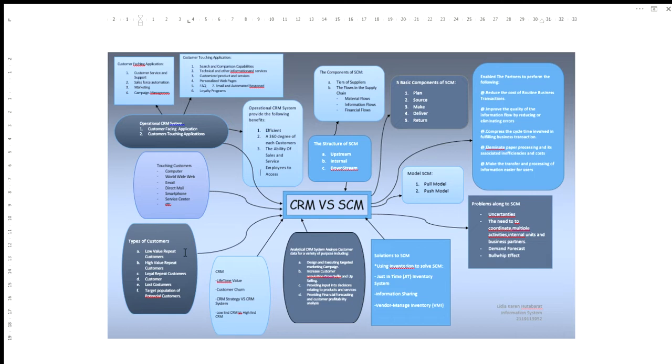Above it, there are high-value repeat customers, which means customers who came for the first time and then place orders repeatedly. On top of that, there are loyal repeat customers, namely customers who already support or become sellers of the product and make repeat orders.